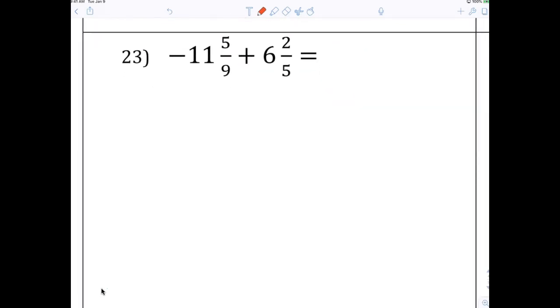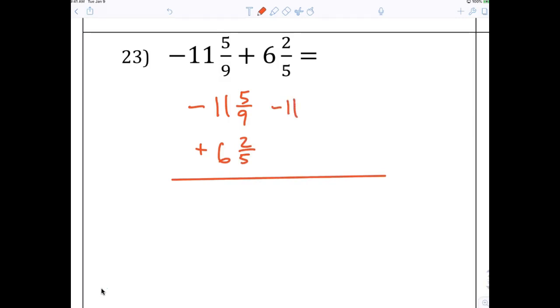23. Now, adding or subtracting? Subtracting. Negative 11 and 5/9 plus 6 and 2/5. Common denominator, 45.